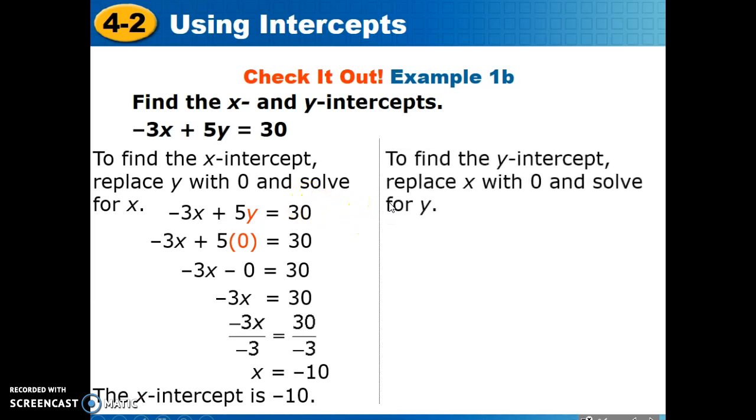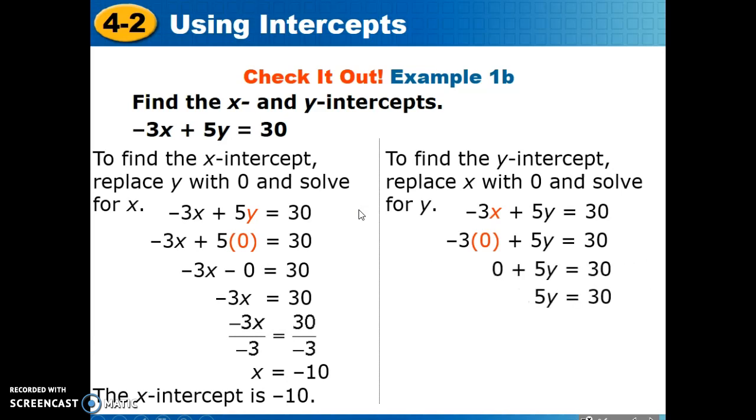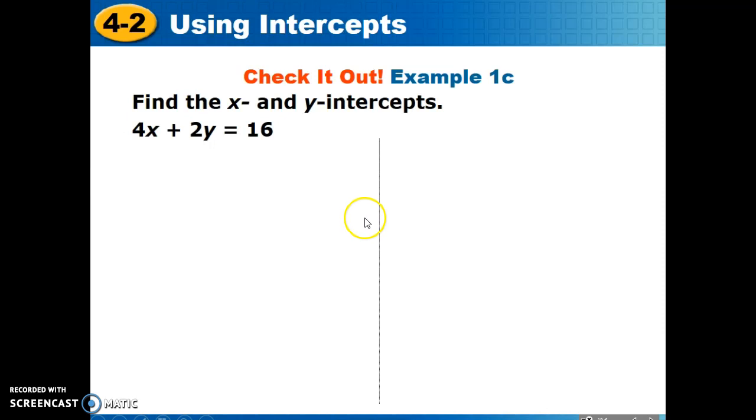Doing the same steps, except for our y-intercept now, we're letting x equal 0, solving for y, 5y equals 30, so y is equal to 6. Two intercepts, x is negative 10, y is positive 6. You guys try, check it out, 1C, come back and compare your answers.